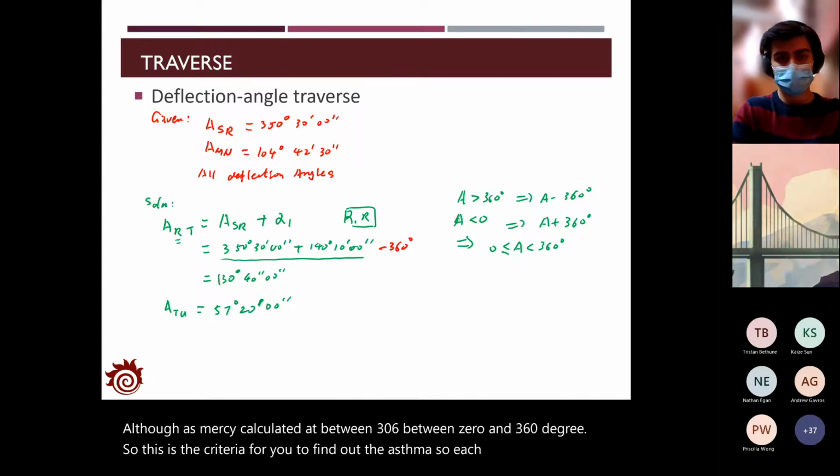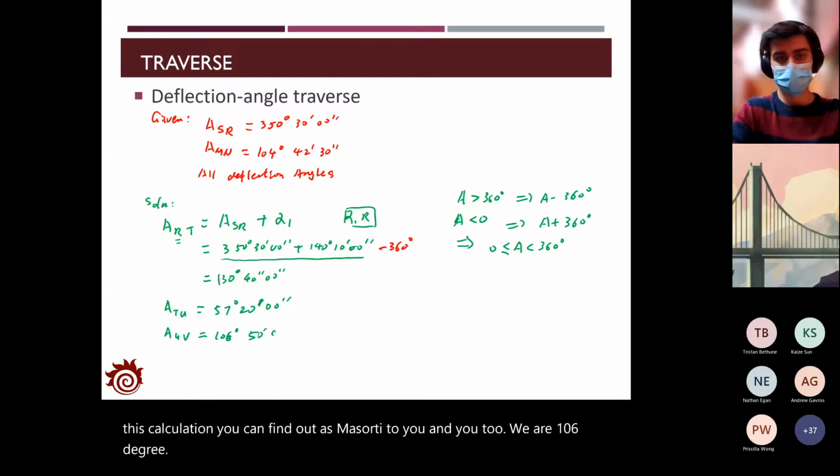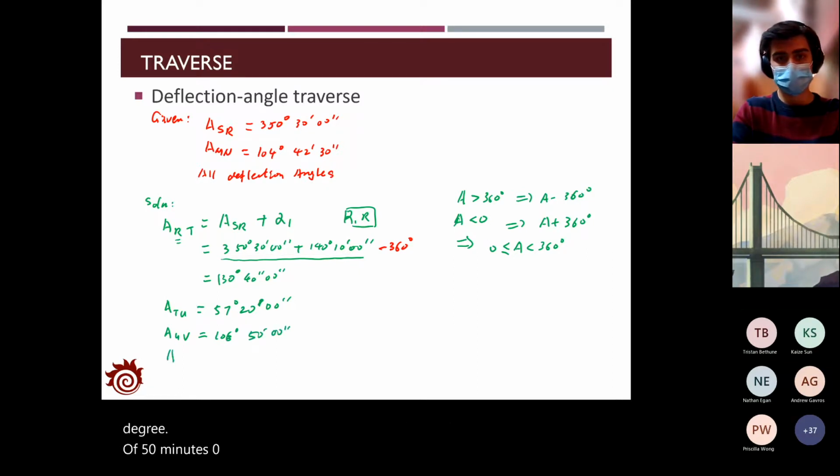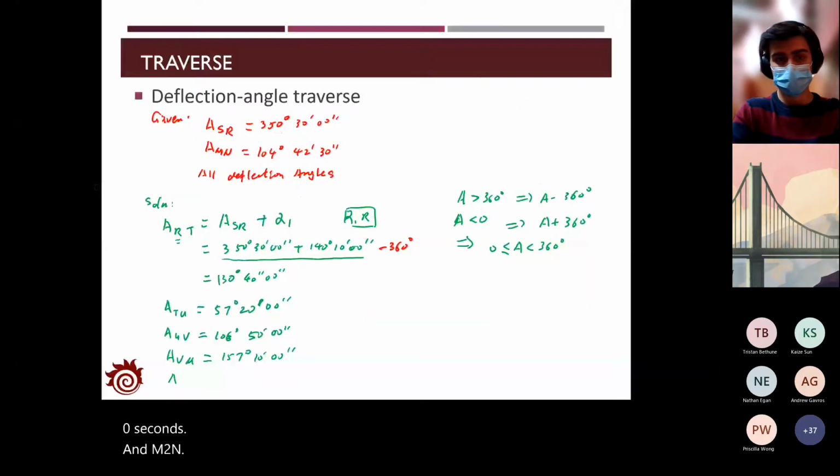So based on this calculation, you can find out the azimuths of T to U and U to V, 106 degrees, 50 minutes, 0 seconds, and V to M, it's 157 degrees, 10 minutes, 0 seconds, and M to N, this is the estimated value.